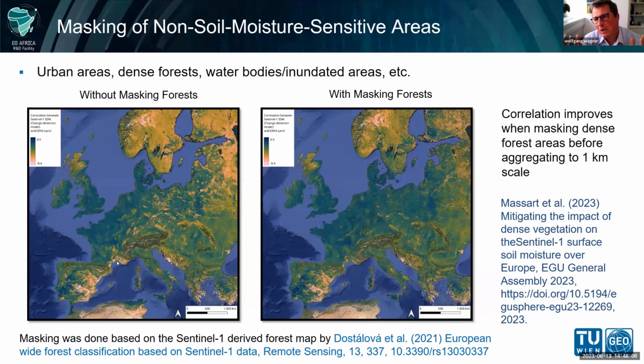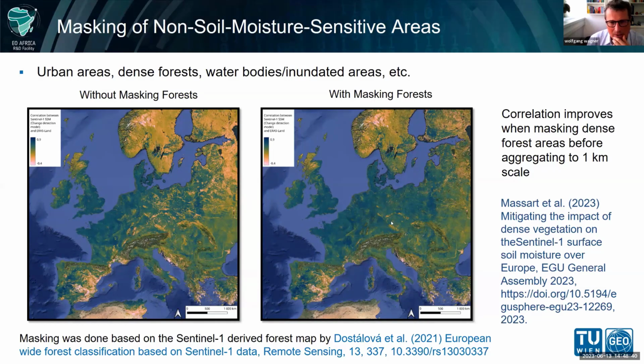So you can say, well, why would you use those measurements over the forests? Let's exclude them. And this is what we did here. Before aggregating to the 500-meter scale, we used available information about forest coverage to mask those forest areas. This shows the correlation with external reference data before and after masking.